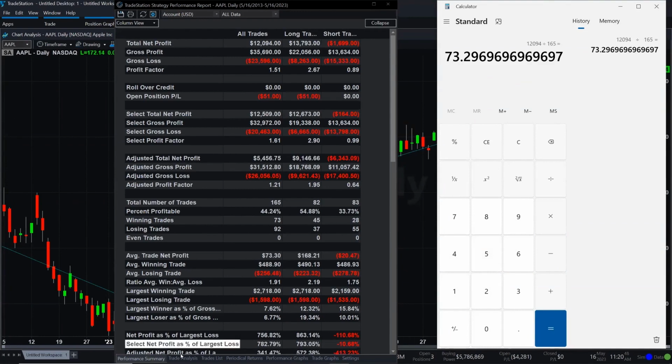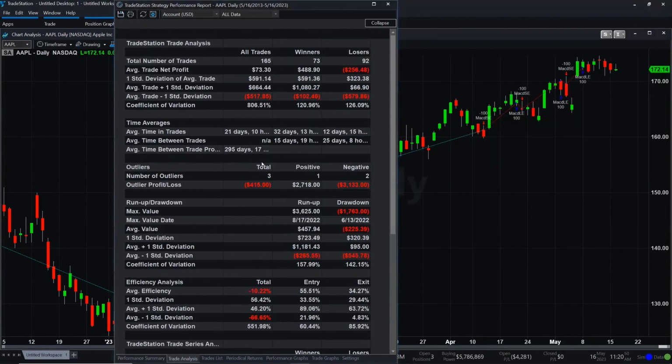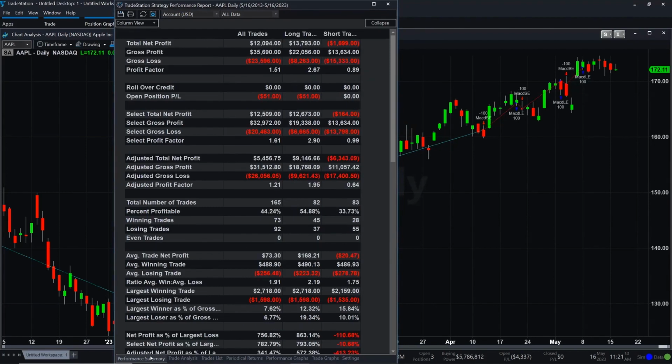If I go to the trade analysis, that is exactly the value that is here, $73.30. That's my average for all trades. Now, if you want to separate it between winners and losers, of course, you have a total gross winning, and then you have a total gross losing that gets divided in the same way. Those numbers are again on the performance summary.